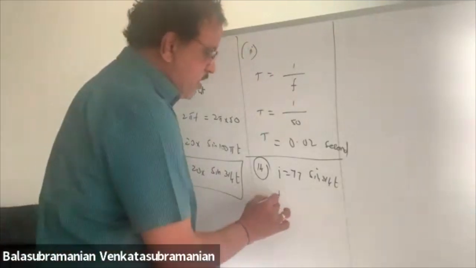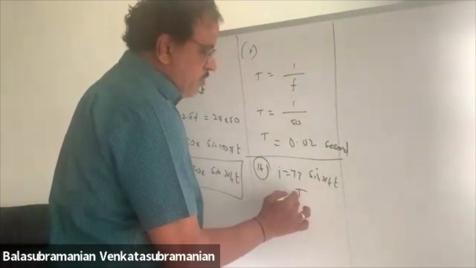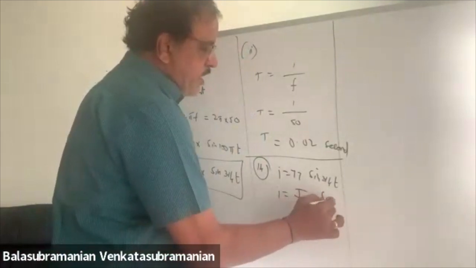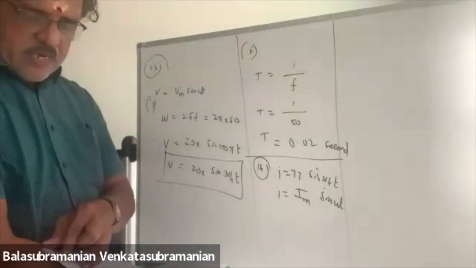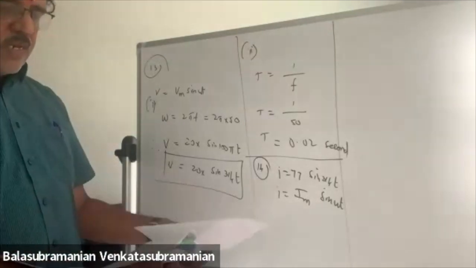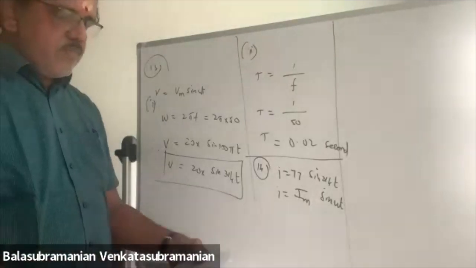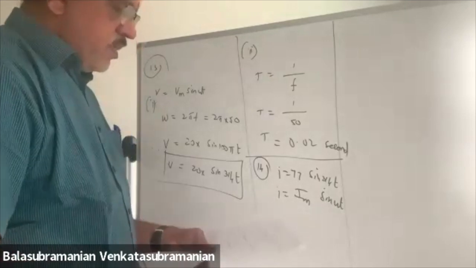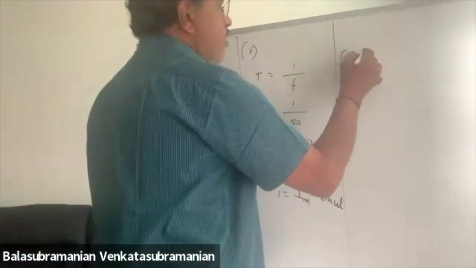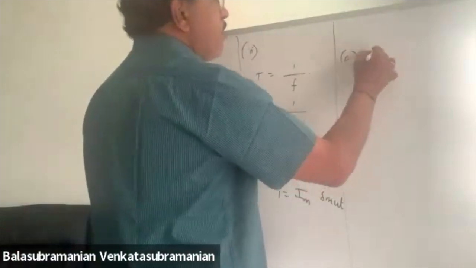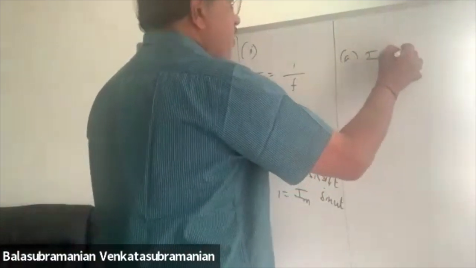General equation I is equal to maximum current sin omega t. Compare these two equations. Calculate peak current. Peak current is Im, that is 77 ampere.